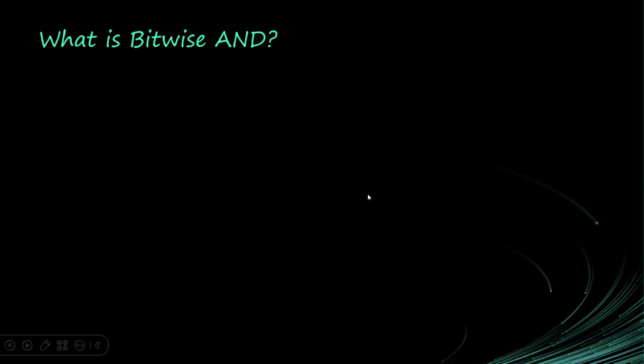So without wasting time, let's now go into the main thing why we are here. We have understood the difference between logical operators and bitwise operators. What we are going to be discussing right now is the bitwise AND. We will not be discussing the logical AND because we are actually dealing with bits.